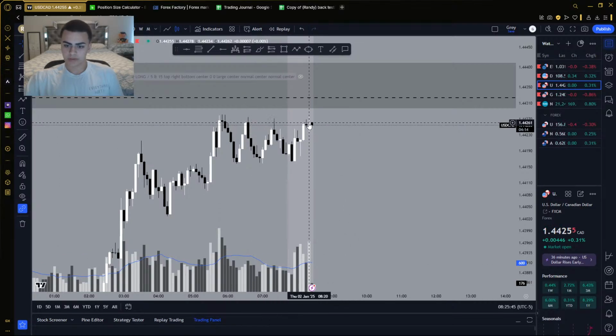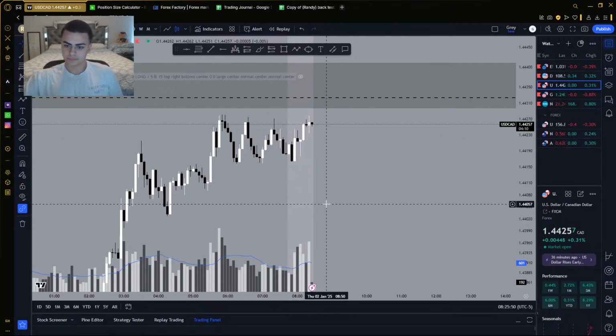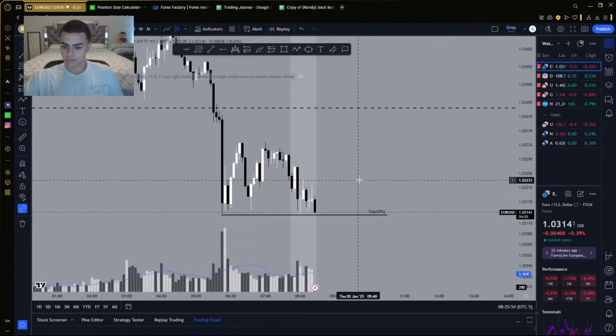So we just broke pattern here. I might just come up here, touch it, and come back down. Right here is probably going to touch liquidity again.